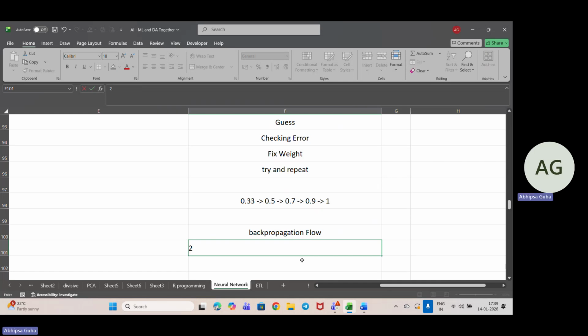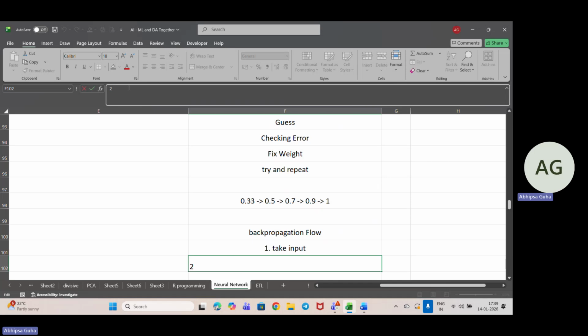Somehow it has deleted the. Just a moment. Take input, or taking input, whatever, the same thing. The second point is going forward, like forward propagation, that is predict.